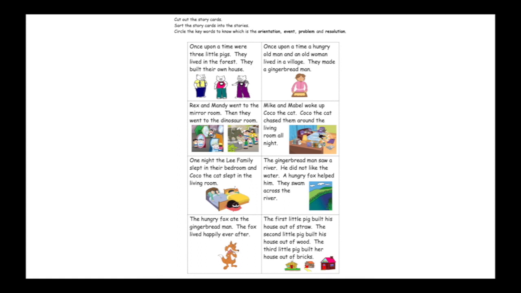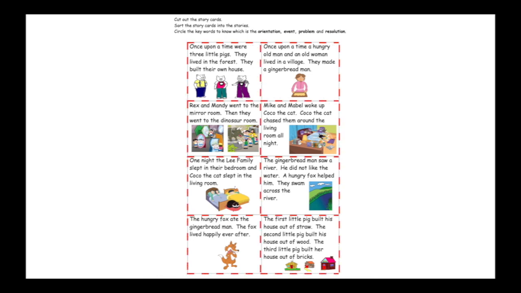Now, you need to use your scissors very carefully to cut out the story cards on page 17 and page 19. When you finish cutting out the story cards, you should have 16 story cards in total. You can pause the video now while you're cutting.